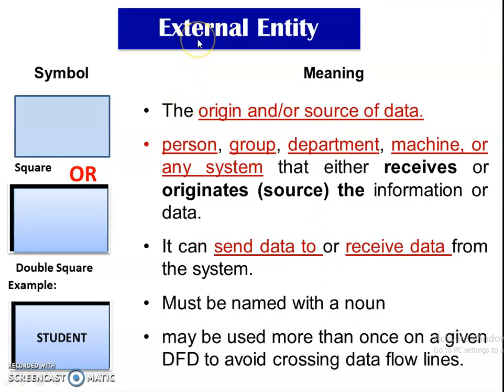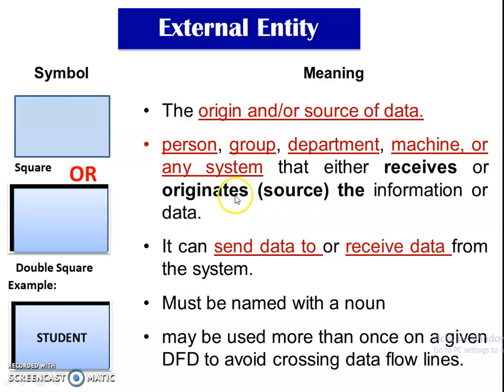So let's begin understanding and familiarizing each of these symbols. So external entity, what does it mean? You use external entity when you are going to represent an origin or source of data. So it can be a person, a group, a department, a machine or any system that either receives or originates information or data.